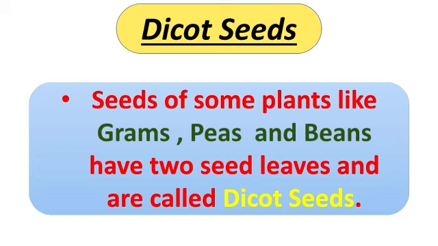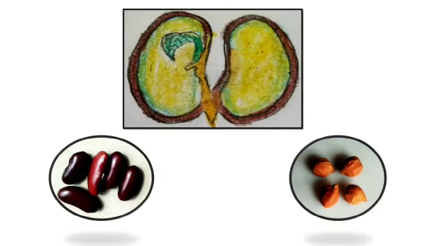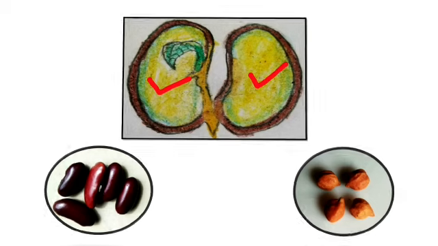Two seed leaves are also called cotyledons, and these seeds are called dicot seeds. You can also say dicotyledon seeds. This is a picture of a bean, which has two cotyledons. Can you see two cotyledons, the yellowish part? Yes, and examples of dicotyledon seeds are beans, gram and peas.